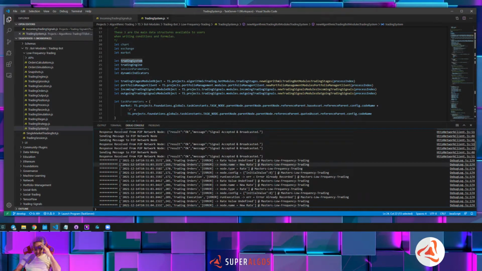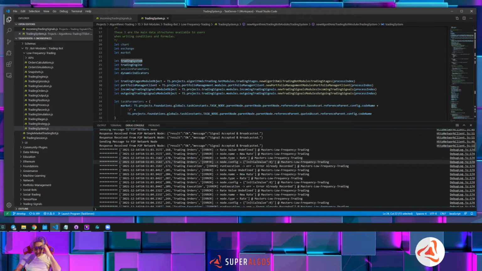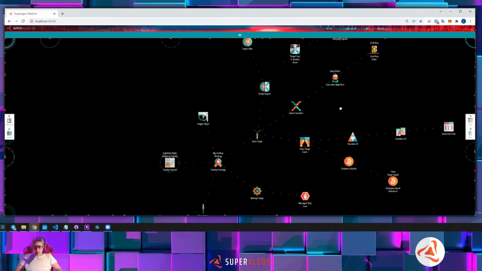So what does it say here? Rate value undefined. This is the node name. Initial value 0. Okay, the first thing that I have in mind, remember that we got this strategy.